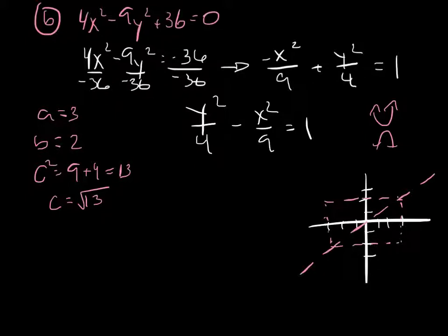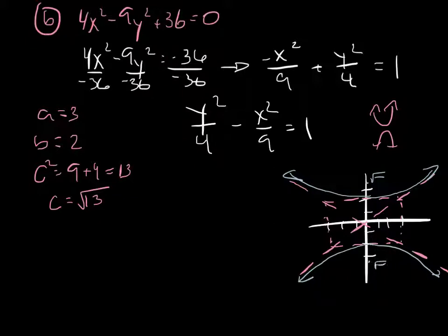Asymptotes there and there. It opens up and down. So there is my graph. And if you want to put the focus, that's where one of the focuses are, that's the other one.